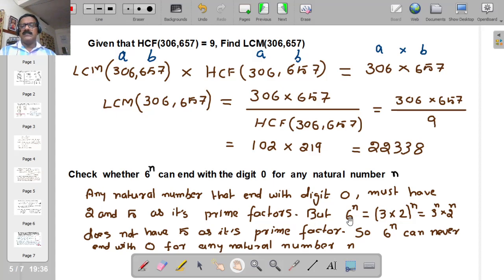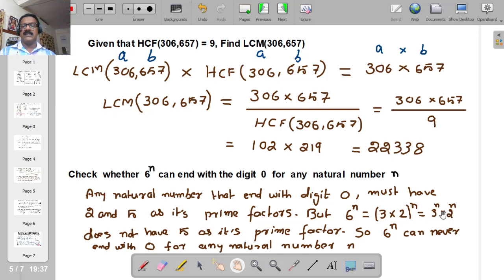But we know 6 can be factored as 3 times 2. So 6 raised to n is equal to 3 times 2, the whole raised to n. (a times b) the whole raised to n is equal to a raised to n times b raised to n. So 6 raised to n will be of the form 3 raised to n times 2 raised to n.